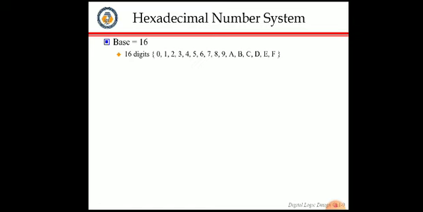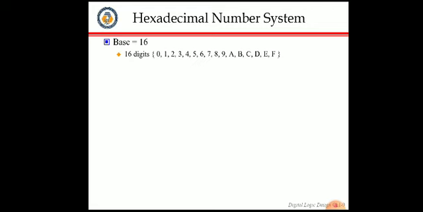After 9, A, B, C, D, E, F. Remember, these are the fixed symbols for the hexadecimal number system.